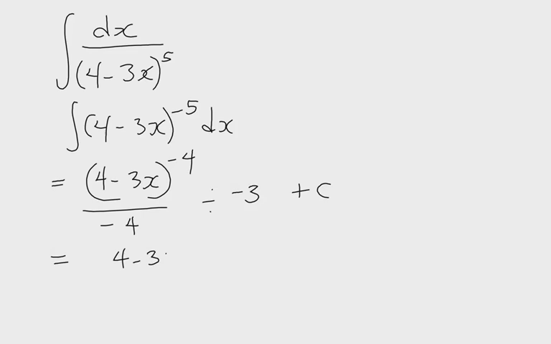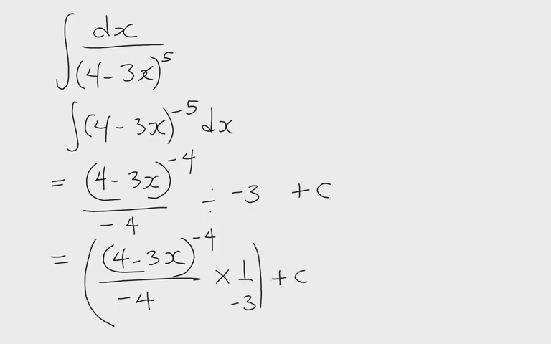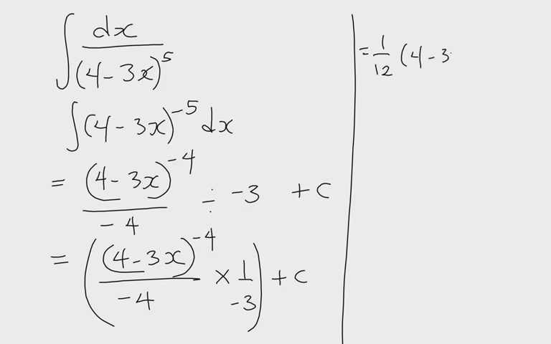And that will now give us 4 minus 3x to the power minus 4 divided by minus 3 times 1 over minus 4, plus C. And then that gives us 1 over 12 times 4 minus 3x to the power minus 4 plus C. How this becomes minus 4 is to say that minus 5 plus 1, that's minus 4, and then also divided by minus 4.